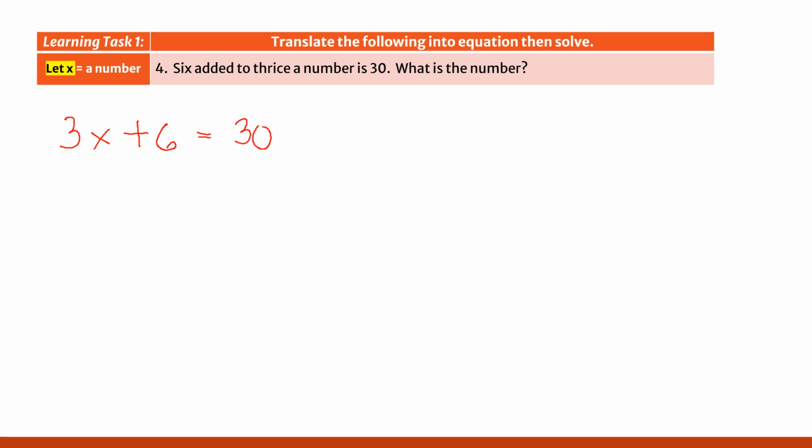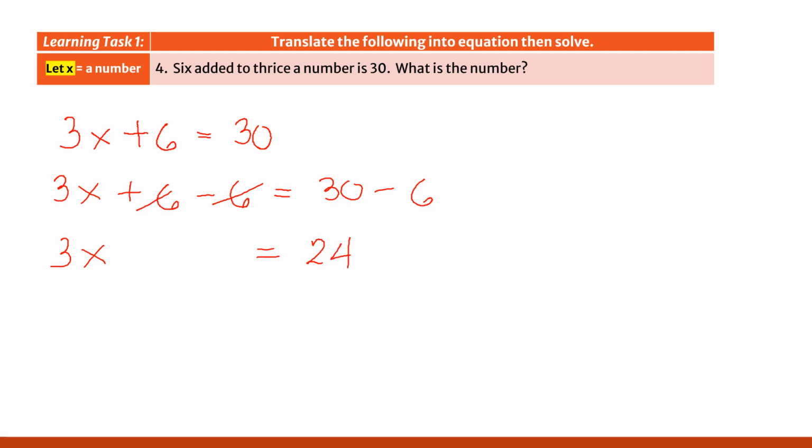Ibig sabihin, ang equation magiging 3x plus 6 minus 6 equals 30 minus 6. So ano ang ini-apply natin? Subtraction property of equality. Siyempre pa, makakancel ito kasi 6 minus 6 is 0. So therefore, it is now 3x equals 24.